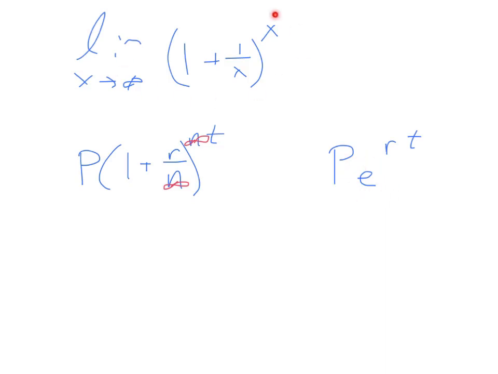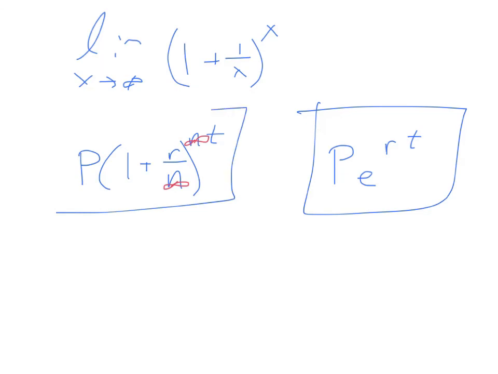This limit is basically this one with r and t being 1. So if r and t were 1, and if P was also 1, you'd be left with just e. This formula for Pert basically comes from taking the formula for compounded interest and doing the limit as n approaches infinity. It's good stuff. Hope that made sense.